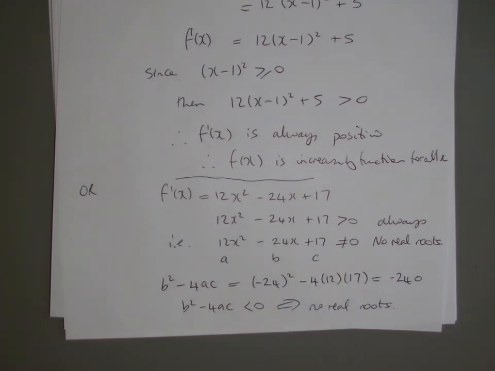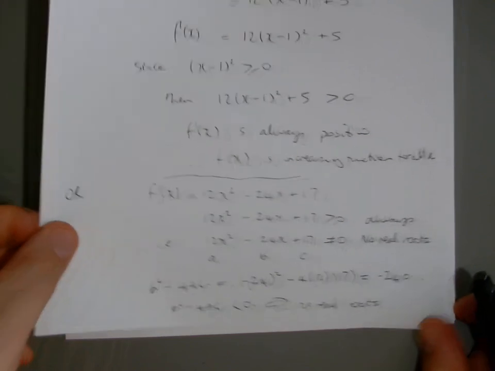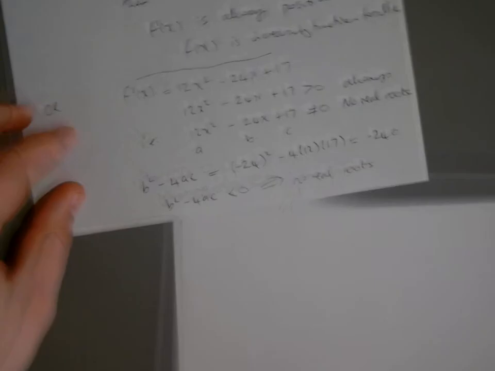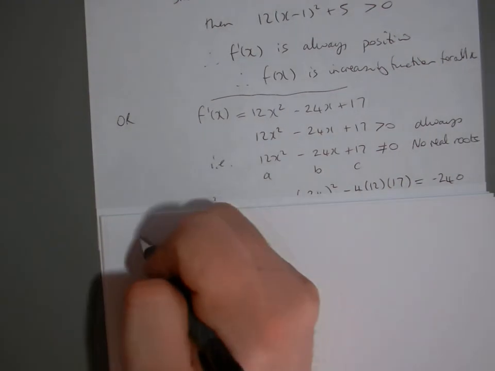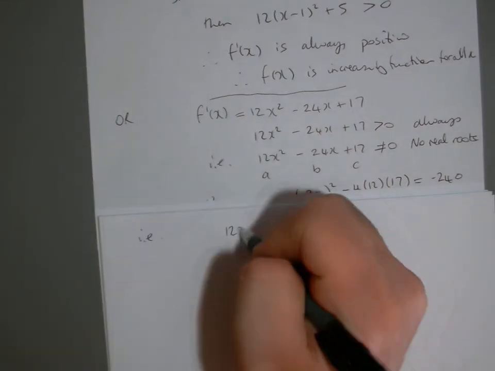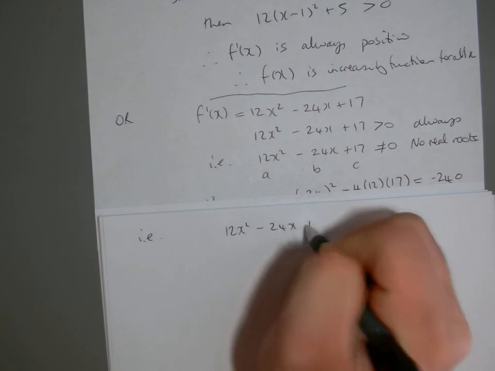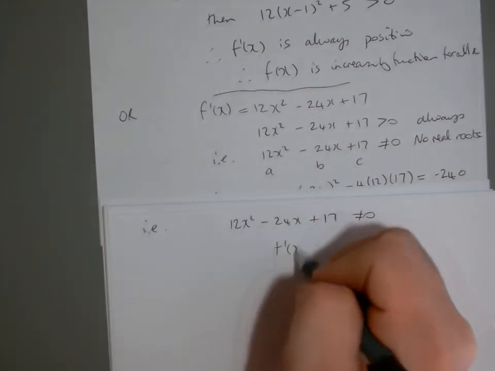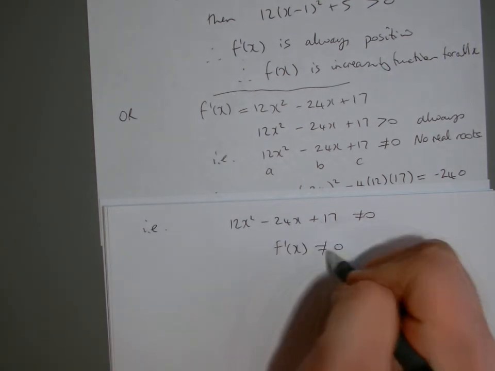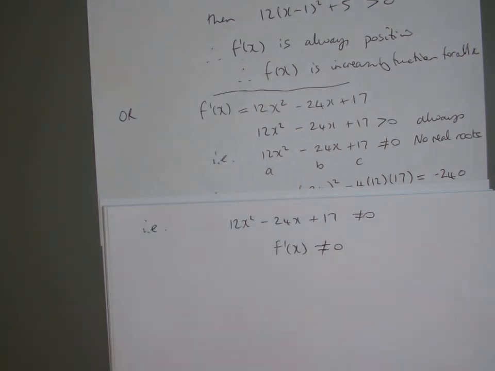So if there's no situation where it's equal to 0, i.e. 12x squared minus 24x plus 17 is not equal to 0, or f dash of x is not equal to 0, all we've got to see then is, if it can't equal 0, is it positive or negative? And if it's positive, it will be increasing.